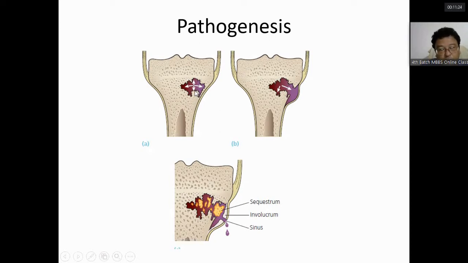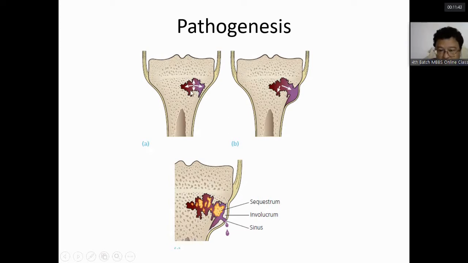Getting pus in the bone is quite different from getting pus in the muscles or skin. Bone is a rigid compartment, so if there's pus, the intra-osseous pressure increases, and the patient will have severe bone pain.